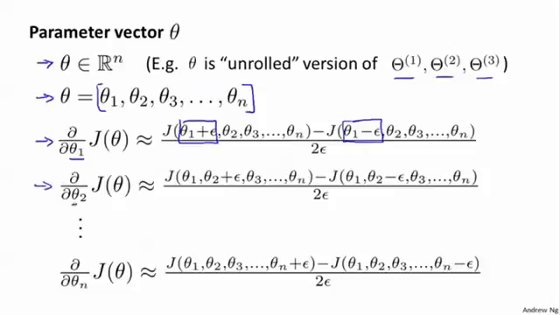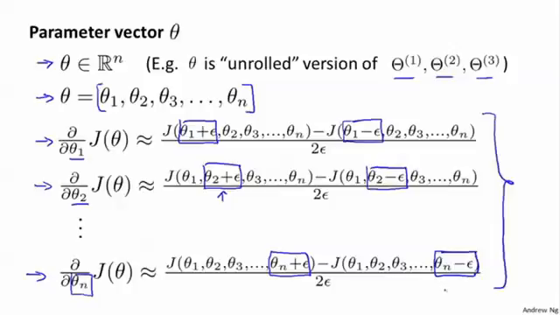The partial derivative with respect to the second parameter, theta 2, is again this thing, except that you increase theta 2 by epsilon here, and decrease theta 2 by epsilon here, and so on, down to the derivative with respect to theta n, where you increase and decrease theta n by epsilon. So these equations give you a way to numerically approximate the partial derivative of J with respect to any one of your parameters, theta i.